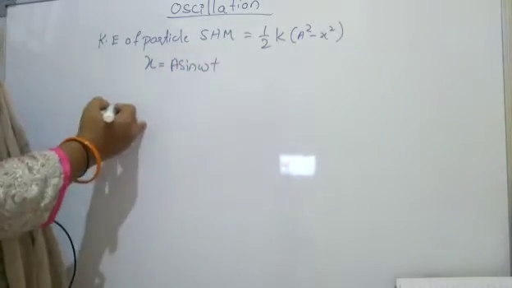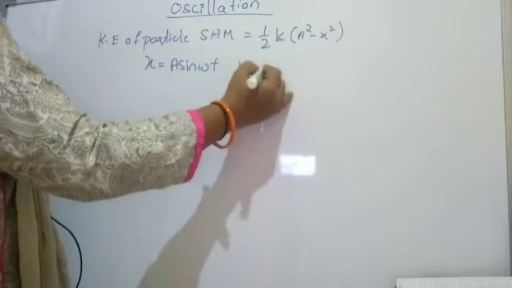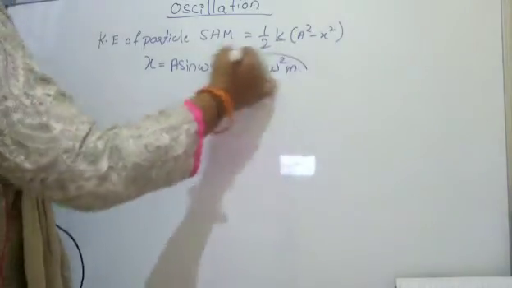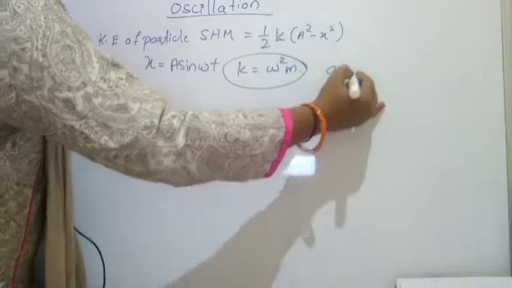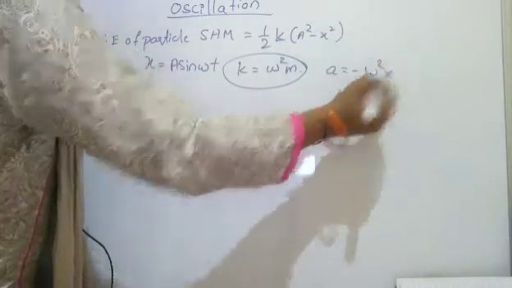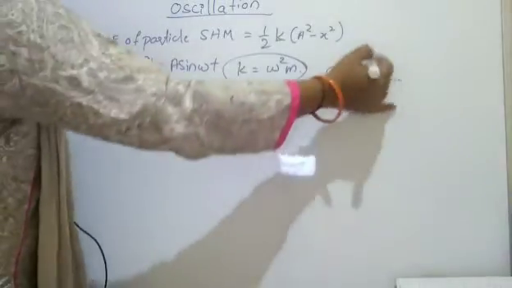We have discussed here where k is taken as omega square m, which we got from the acceleration, that is omega square x. This we know. What is this omega?